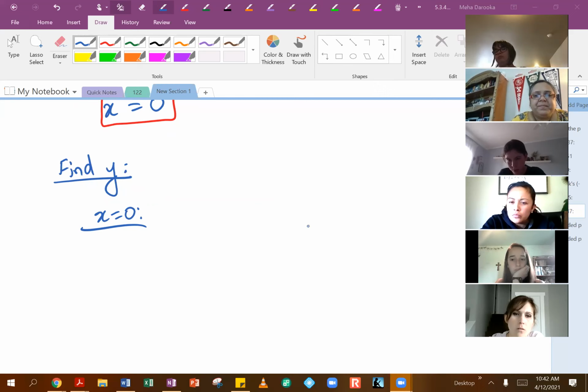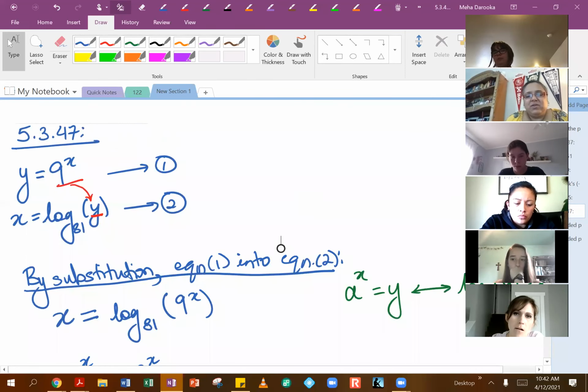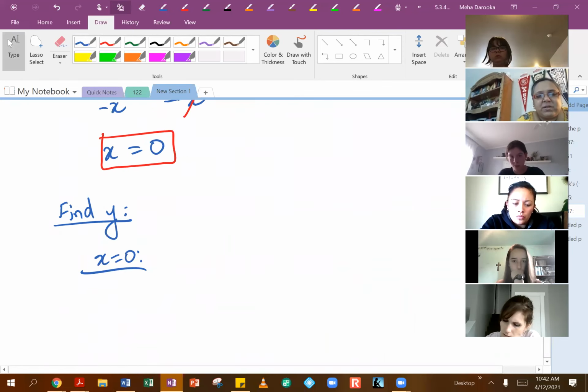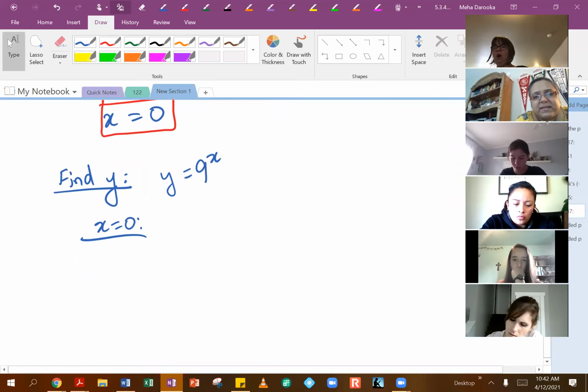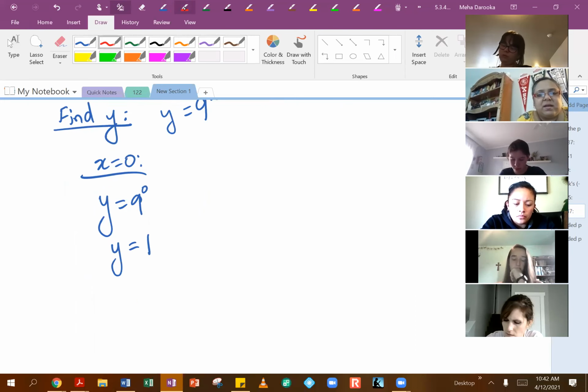Megan, y equals 1. Okay, so as you can see, the first equation will be easier for us to work with because with the other one, your y is inside the log function, right? So if you just use that first equation, y equals 9 to the power of x, you're basically doing 9 to the power of 0. And by the 0 exponent rule, we know it's going to end up becoming 1.